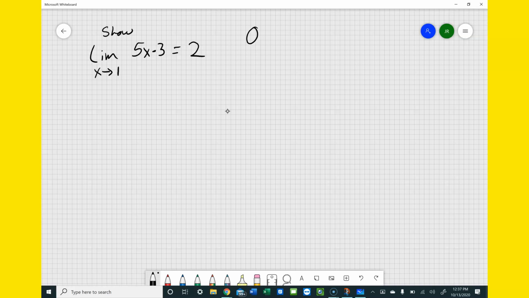So that says that we have to have this to be the case: that the distance between x and 1, within some delta, between 0 and delta, has to be less than delta, implies that, in other words, if we're finding that x value, that implies that the distance between f of x and 2 is less than epsilon.